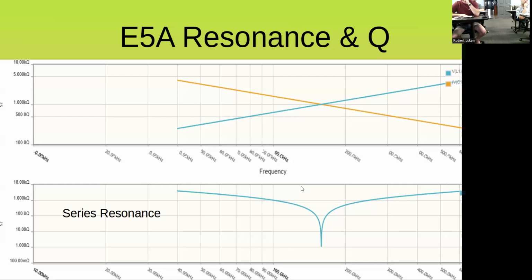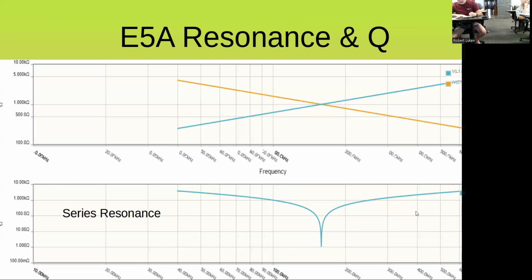So you see for a series resonant circuit, it's going to appear as a very high impedance at a low frequency and a very high impedance at a high frequency, but it's going to appear as essentially 0 at the resonant frequency.